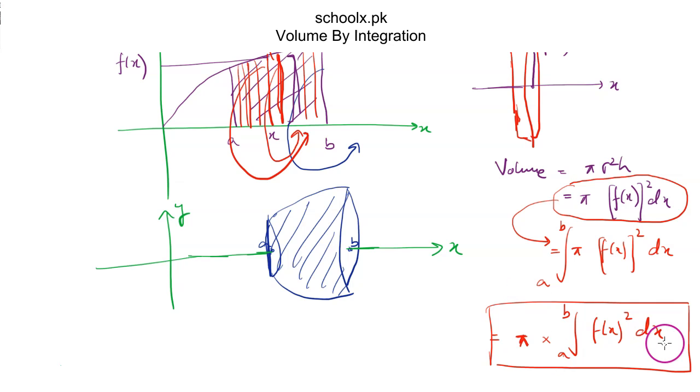From this formula, you'll get the volume of the portion when rotated through 360 degrees. Then you'll divide it by 2 to get the volume of half the portion. Alright. If they say that the portion was rotated only 90 degrees, then you'll use this formula. From this formula, you'll get the answer when the portion was rotated 360 degrees and divide it by 4. So you'll get the answer when the portion was rotated only 90 degrees.